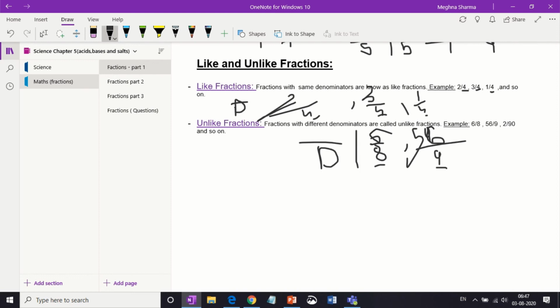It is not matching this denominator 8. So these are not like fractions. But we also have to check one more fraction. Now 2 by 90. Here also it's not matching. Here it's given 90, here 9 and over here 8. All are different numbers with different denominators. So these are said to be unlike fractions.